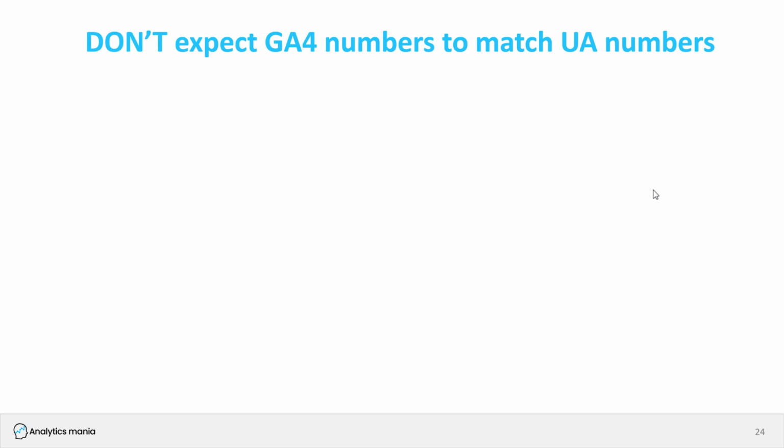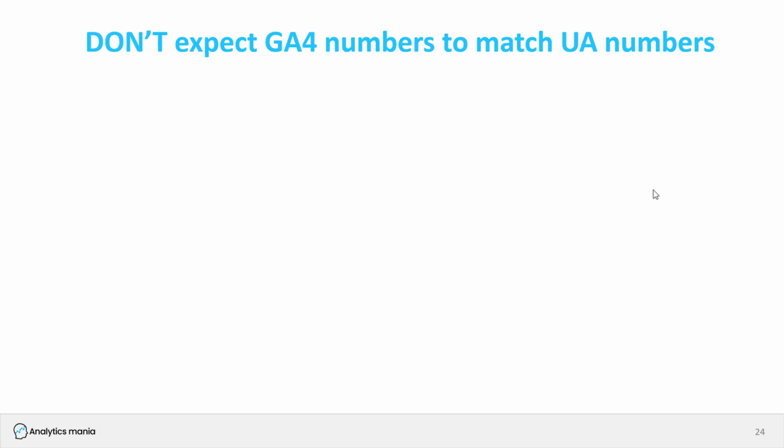Some of them can be explained, some of them unfortunately not. And if you are in that situation, don't forget that you are not alone in this. I have found myself in many situations where I have that discrepancy, and sometimes you just cannot properly explain it because of some magical way GA4 processes data, or maybe how it is impacted by bots, and it's impacted probably much more than Universal Analytics, or maybe something else.